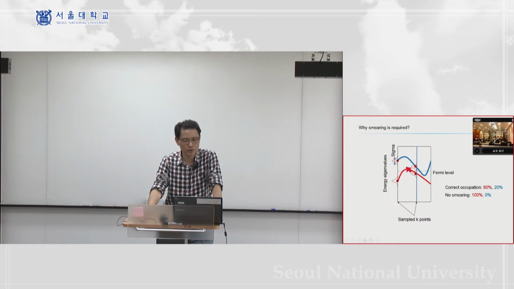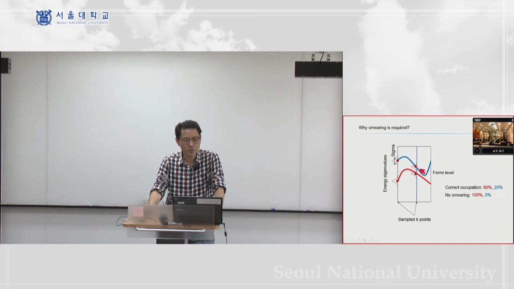So in order to avoid such a sampling problem, what we do is smear the energy eigenvalue around a given eigenvalue. You say that at this point the higher eigenvalue has some extent into the Fermi level, and therefore it will have a certain amount of occupation number.